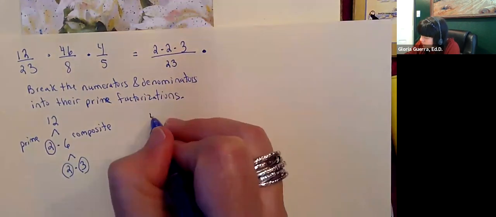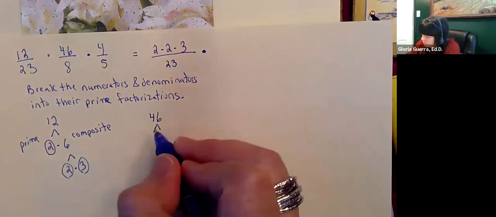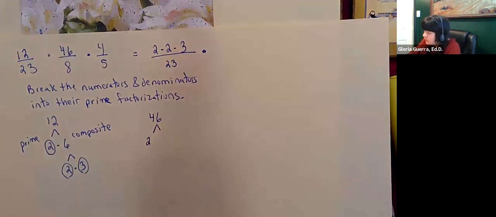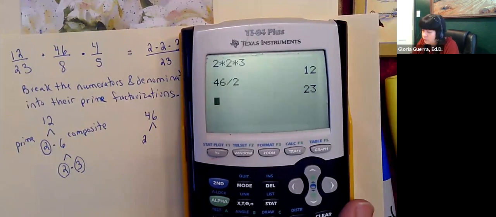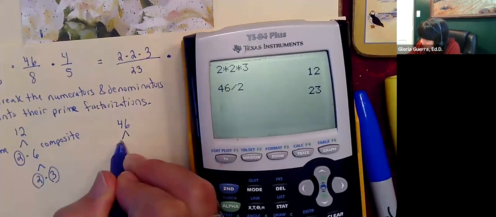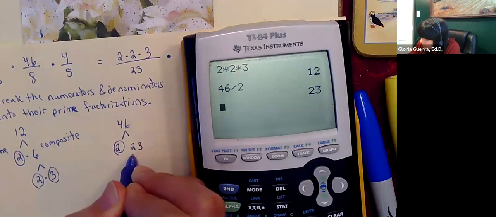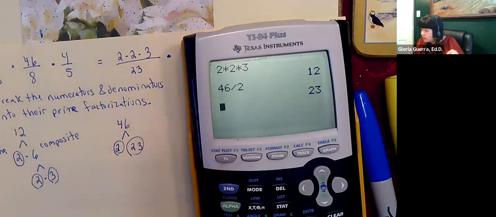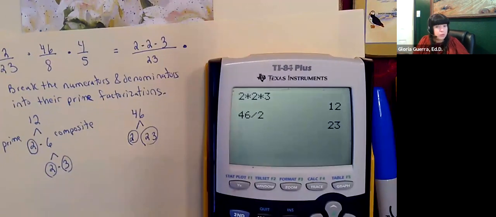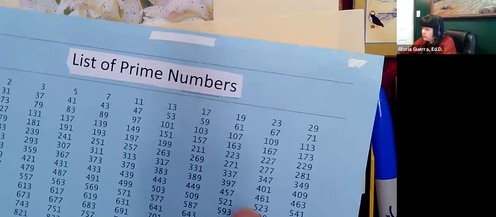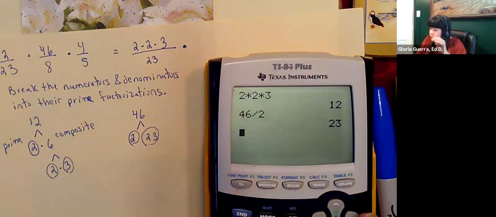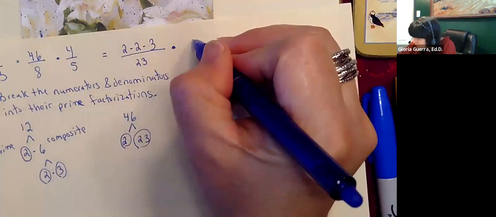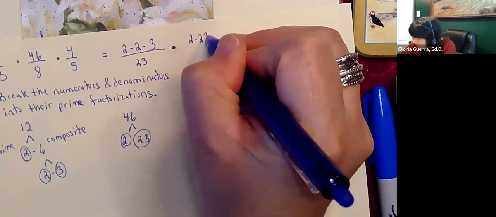Okay, now 46 can be broken down by 2. So 46 divided by 2 is 23, half of 46. So 2 is prime, and so is 23. We talked about that a while ago. We saw that on the blue sheet, how 23 is on here. It's a prime number. So 46 can be broken down into 2 times 23.